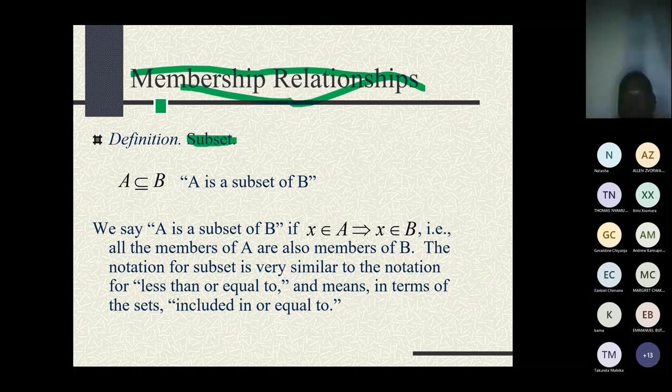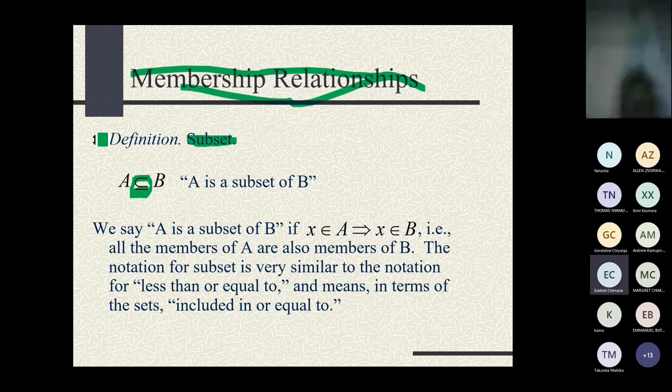For a subset, we use this symbol that we have here, which says A is a subset of B. Take note of this dash that we have here.